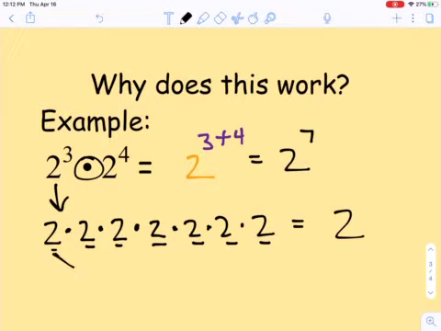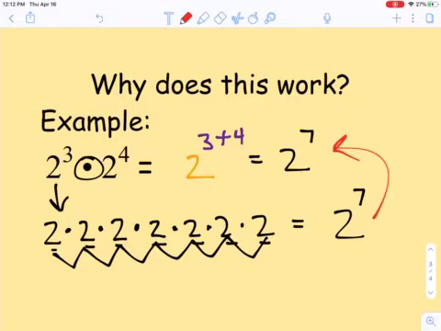So if I did that, I'll go 1, 2, 3, 4, 5, 6, 7. I have 7 of them. And as you'll see, looking at this, this is the same as that.